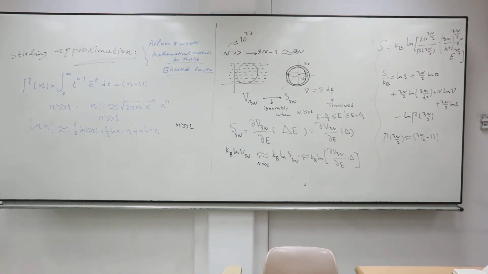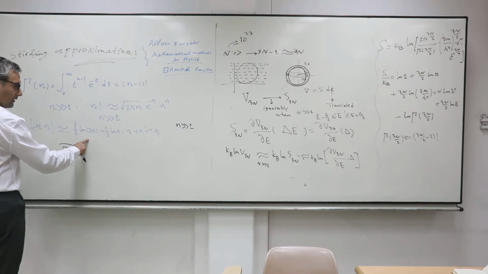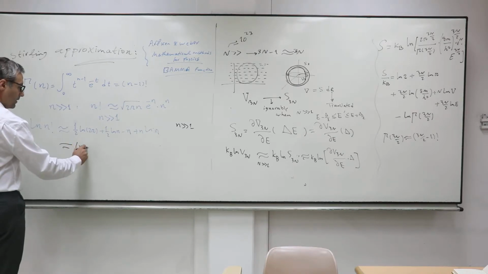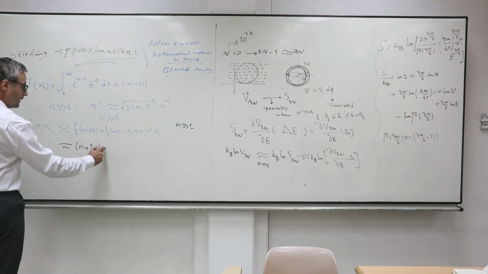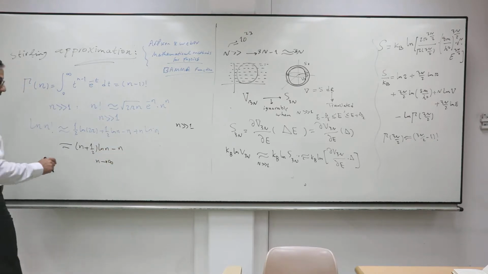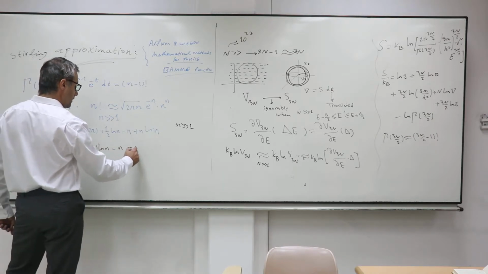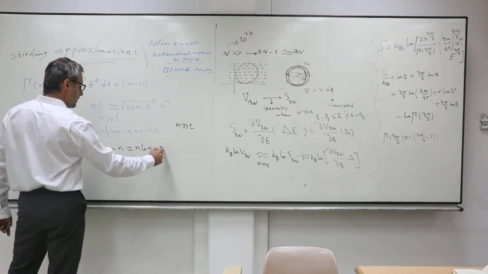So let me write this expression. When it is big, this is just a number, so I can ignore that. So n plus 1/2 n minus n, when n tends to infinity or is a very big number. In comparison to the n, I can ignore the 1/2, so n ln n minus n.